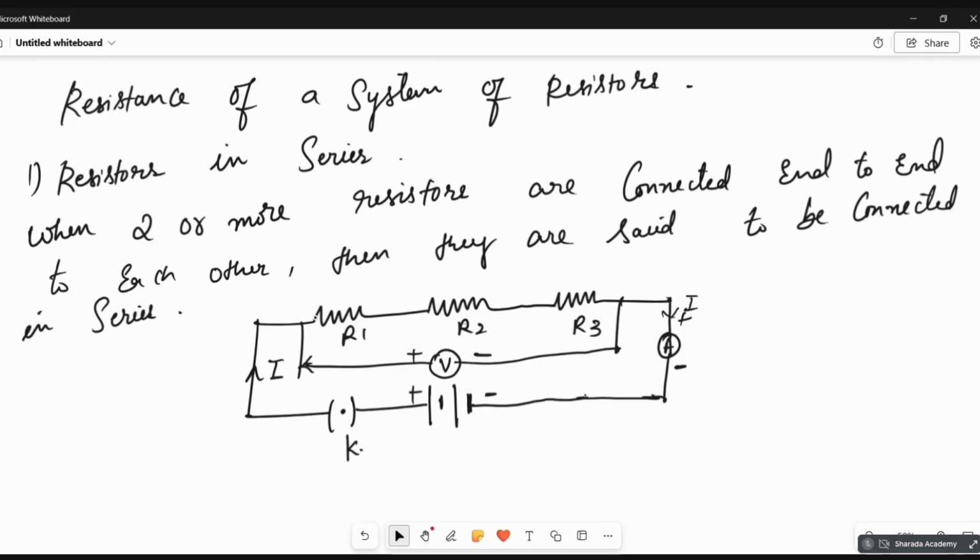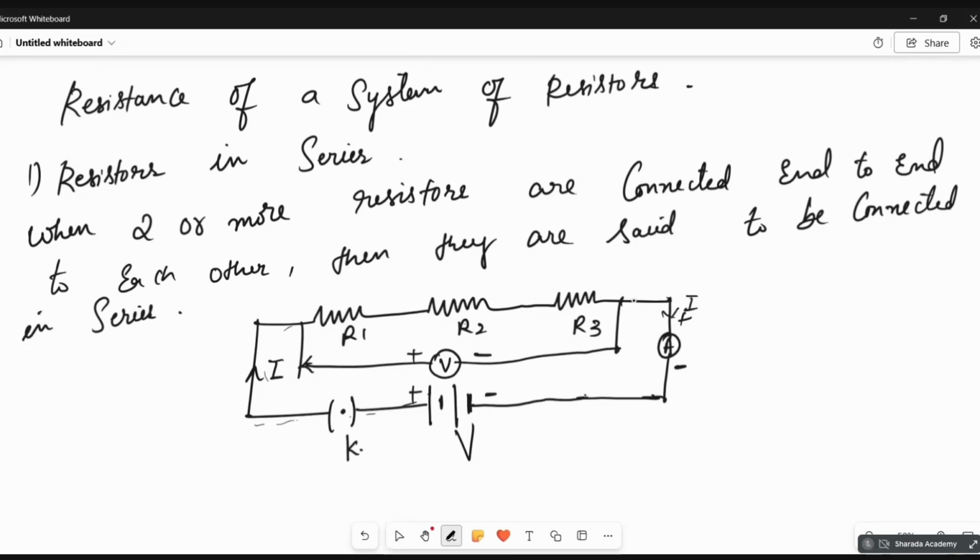In series, if you observe, the current through all the resistors is the same because there is only one path to flow. See here, this is the voltage. I have applied some voltage V here. Okay. So current starts when I close the switch, so that current will flow through here. Here it flows like this. And the total current, whatever current is there, flows through all these resistors and then it comes back.